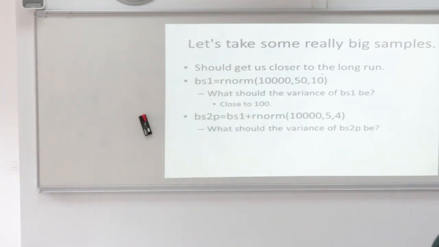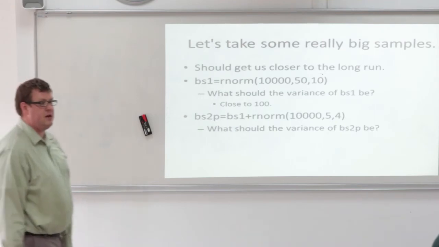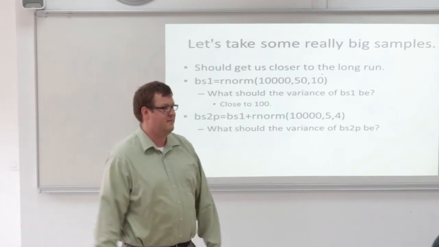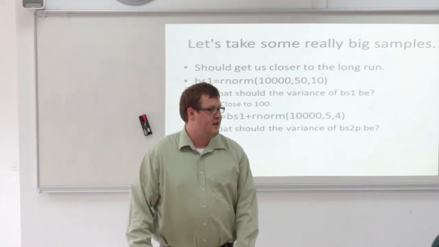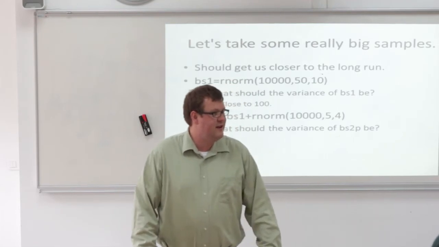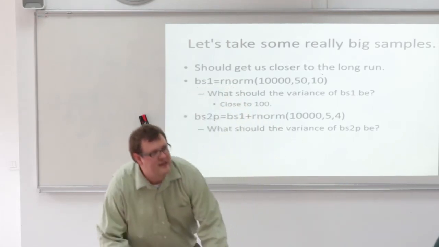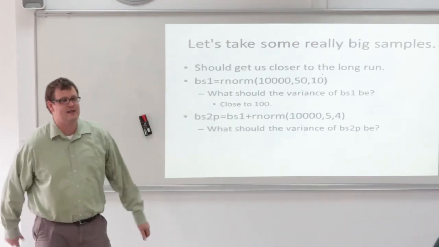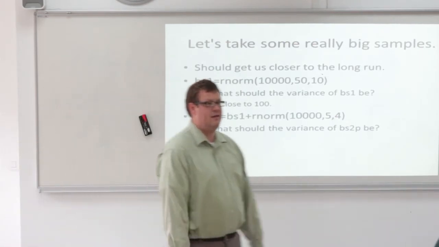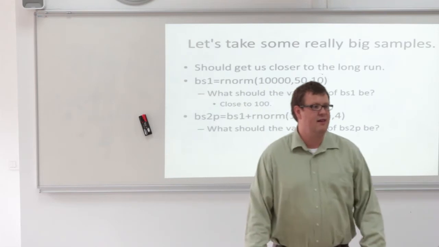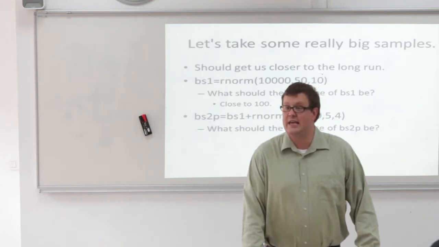So now the question is, what should the variance of BS2P be? The variance should be 8. 116? Are you some genius? How do you know that? He guessed right.